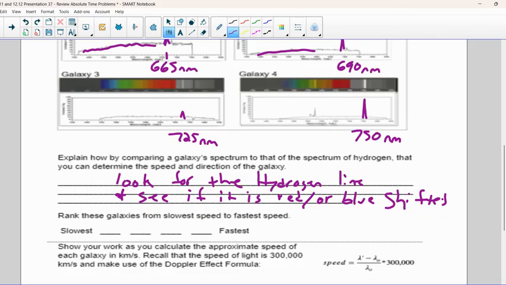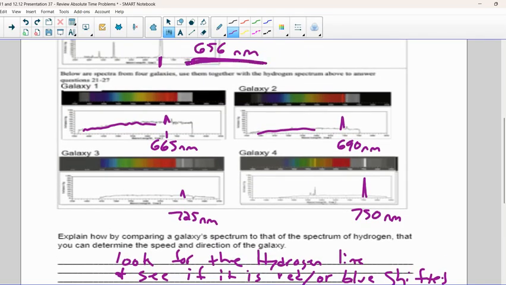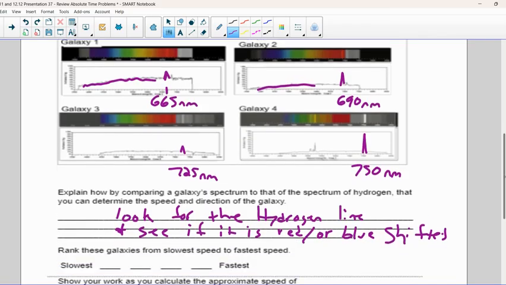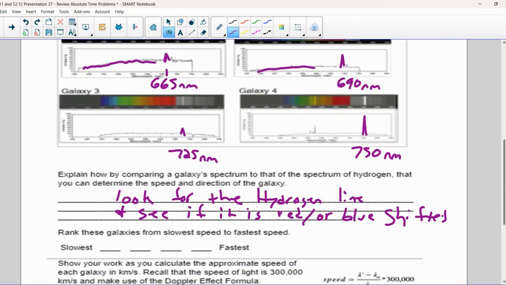Meaning if it's red shifted, it is greater than 656 nanometers, because that's where it's supposed to be. So if it's red shifted, because red is a longer wavelength, then it will be shifted to a higher number. If it's blue shifted, it's going to be less than 656.